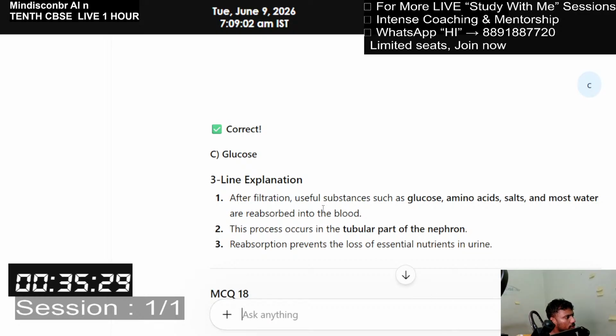This process occurs in the tubular part of the nephron. Reabsorption prevents the loss of essential nutrients in urine.